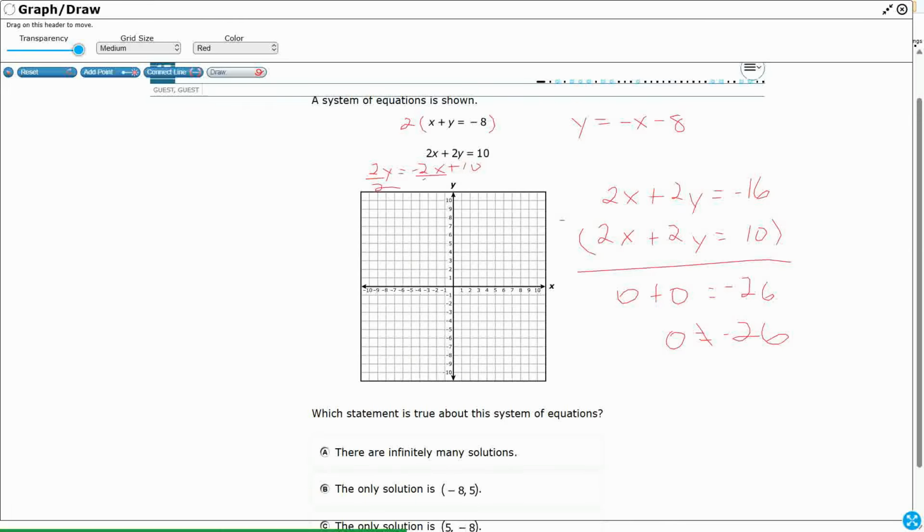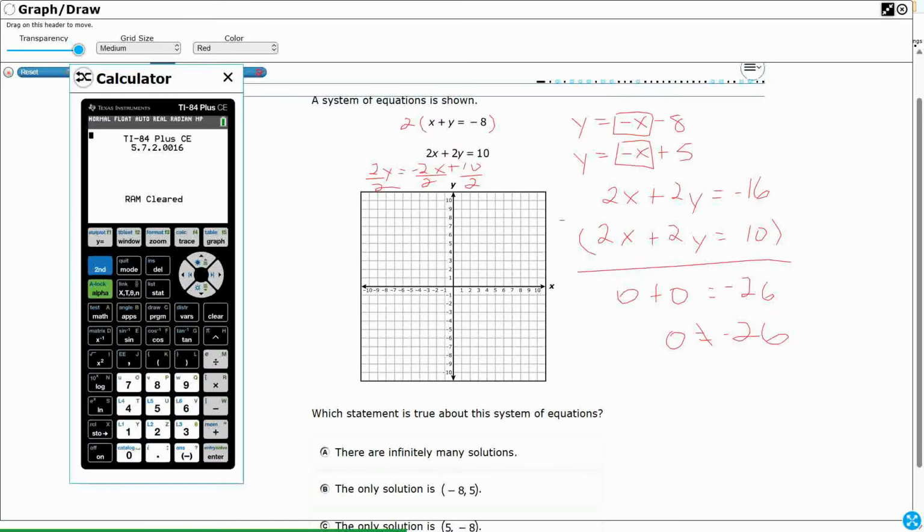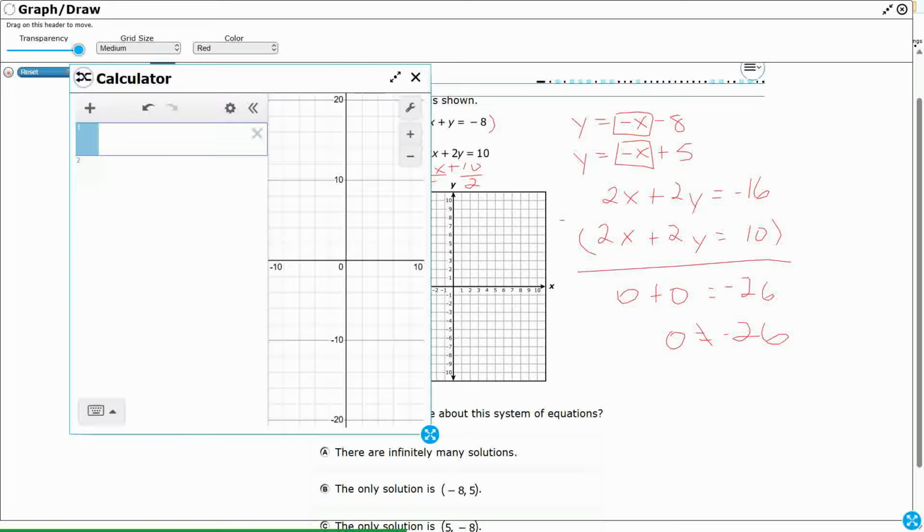You need slope-intercept form for the Desmos calculator. So that's going to end up being y equals negative x plus 5. Well, I can already tell you that's going to be a problem. Take a look. We have identical slopes. Identical slopes mean they are parallel, which means they never touch. They just have different y-intercepts. But we'll go ahead and put this in here so we can verify.